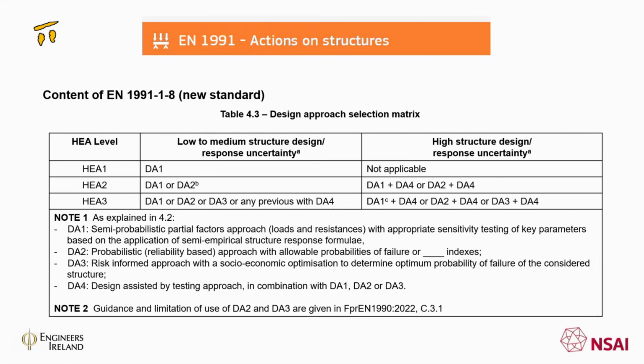Again, a national annex will have to be produced. So for a low HEA level and a low DA level, a certain design approach can be done, and if you've got a higher one, you use different values and so on. So these are different ways that can be adopted within the Eurocode, and that will have to be looked at from an Irish point of view.